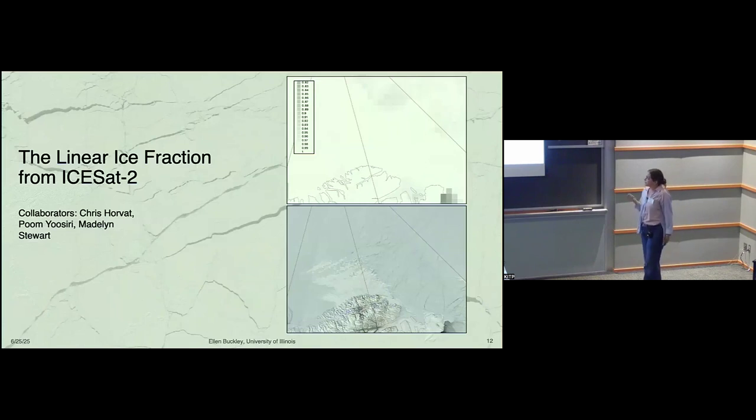And so we're looking to understand where these high resolution measurements of these fractures in the ice are not detected in passive microwave data, and using ICESat-2 to do that.